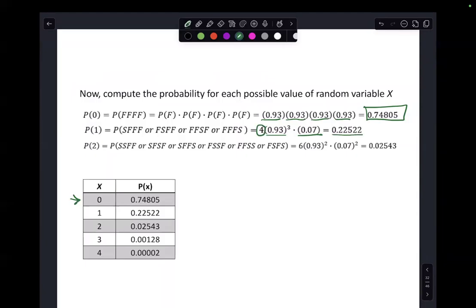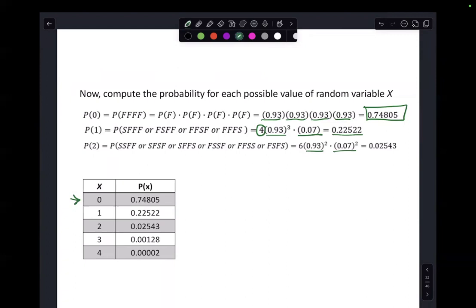So our probability of getting 1 success is about 22.5%. So 2 successes, we have 6 different ways to get 2 successes. So we have 0.93 squared because that's 2 failures, sorry.